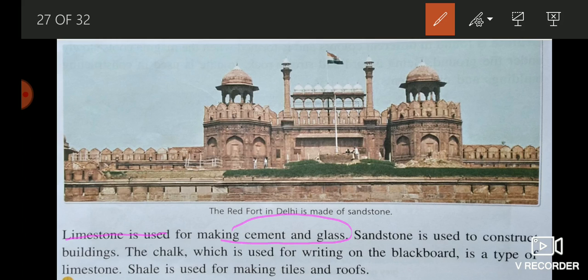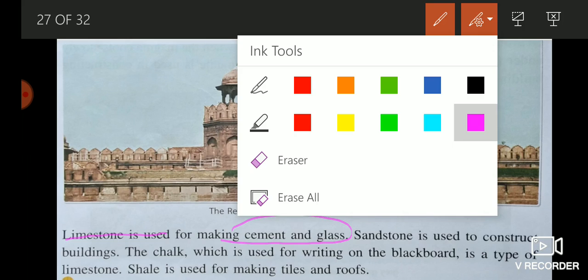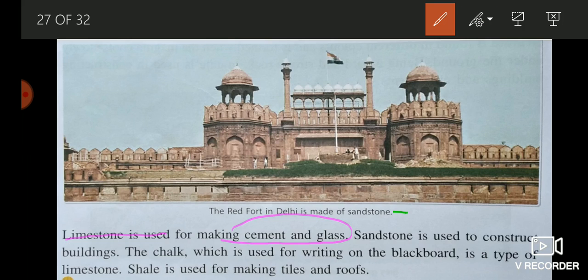Cement is the powdered form of the limestone, so that is very much used in construction. And glass, that also comes from the limestone. Then sandstone is used in constructing buildings. Sandstones are also used in the construction of buildings.